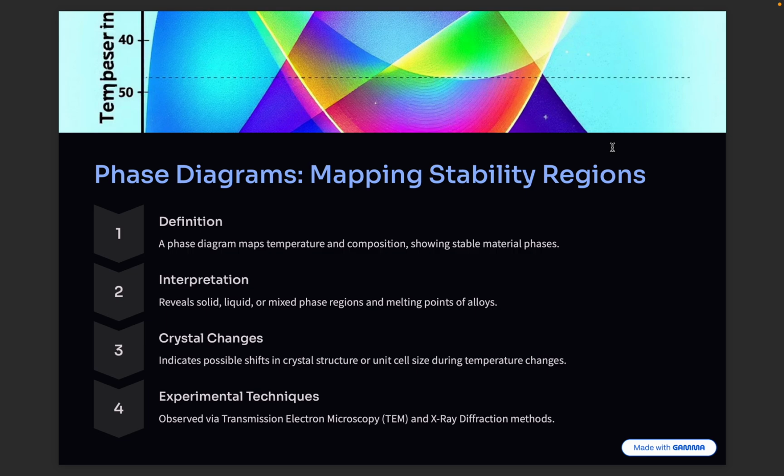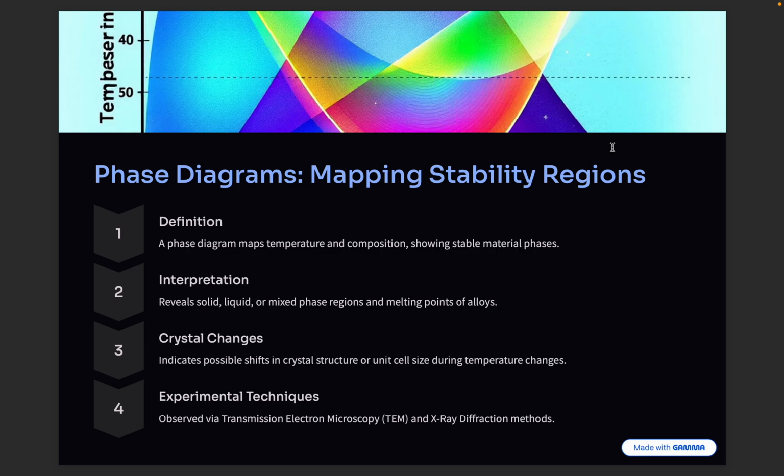It is mainly between temperature and composition. The interpretation reveals solid, liquid or mixed phase regions and melting points of alloys. The crystal changes indicate possible shifts in crystal structure or unit cell size during temperature changes.